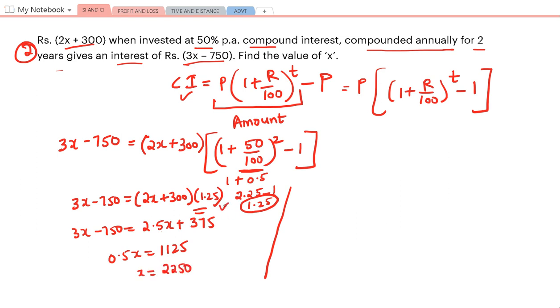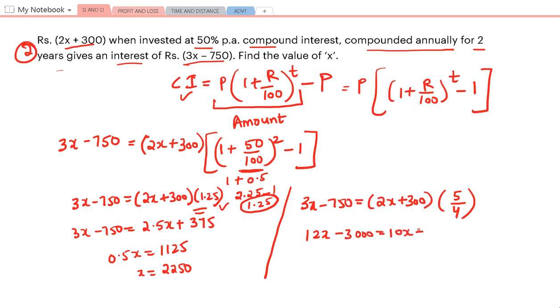If you are not comfortable with decimals, you can write by fractions. You already studied percentage, right? 1.25 is 5 by 4 times. 4 comes this side, means 12,000 minus 3,000 equals 10x plus 1500.